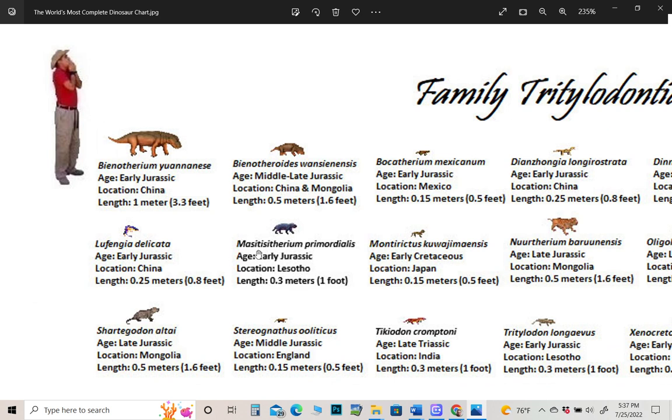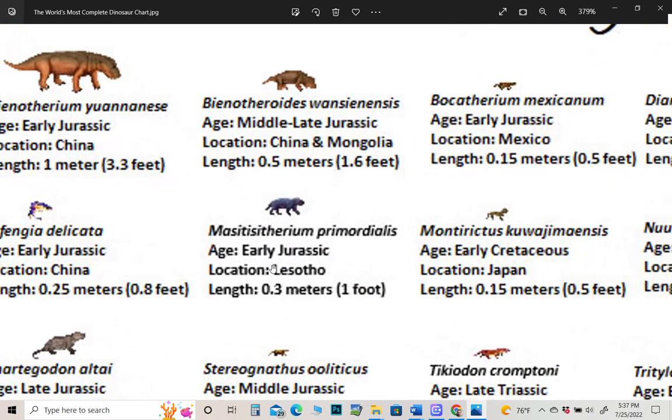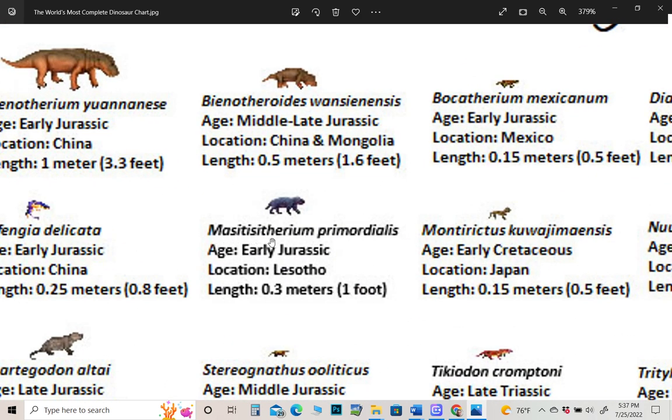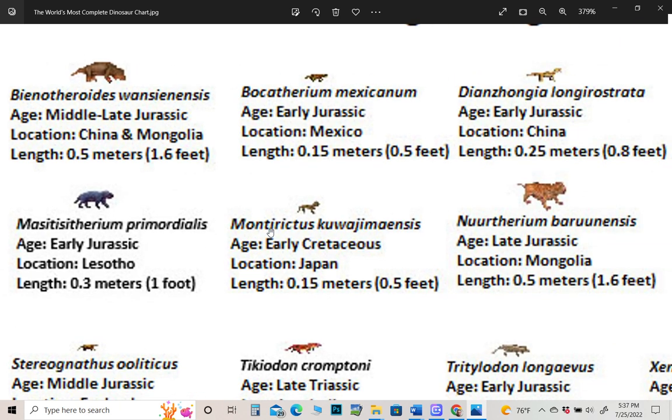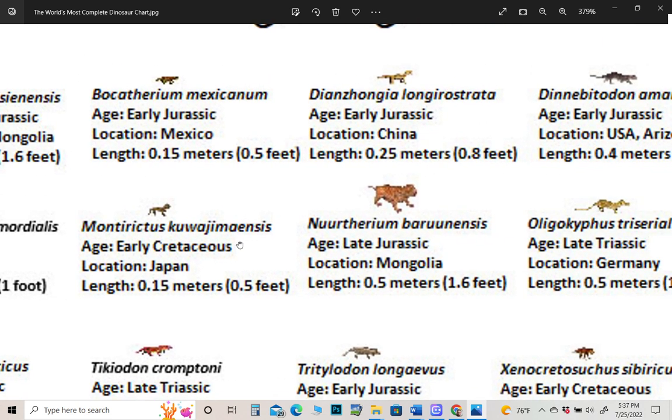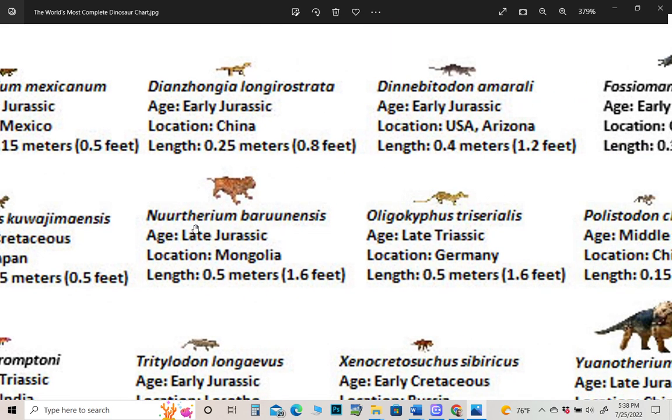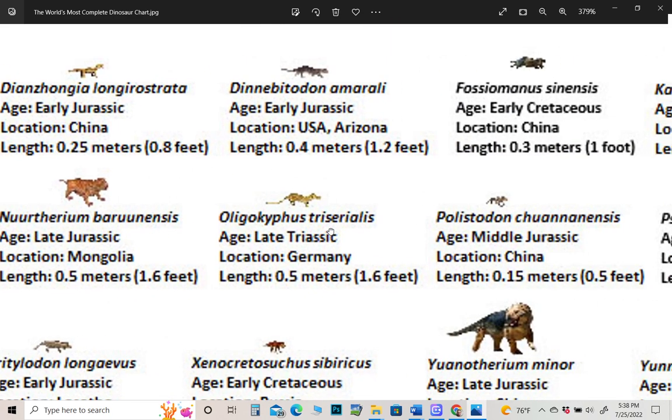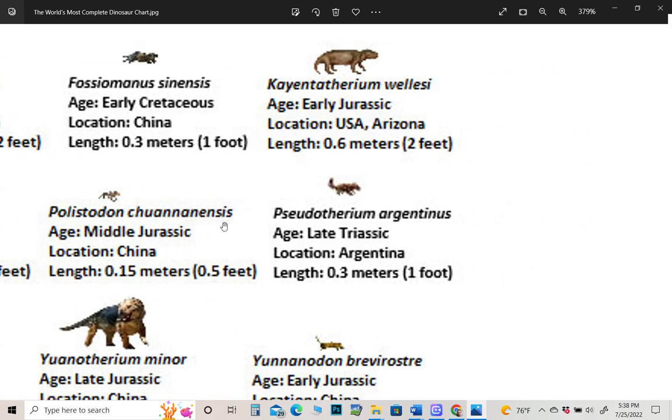Masticitherium. Damn it. Sorry. They make these names ridiculous. Masticitherium. Monty Rectus. Neurotherium. Oligokyphus. Pelistodon.